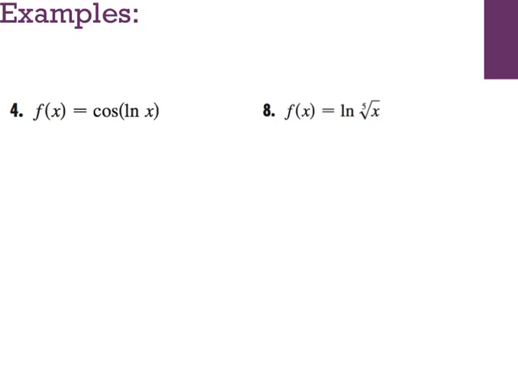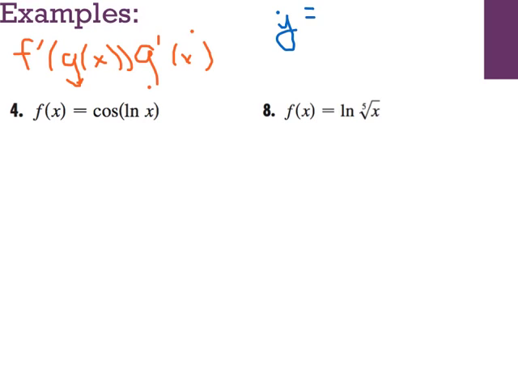Again, keep in mind here that you can always think of two formulas for the chain rule. Some of you, we've already determined, prefer the f prime of g of x times g prime of x, and some of you prefer breaking everything up into different functions with different variables.